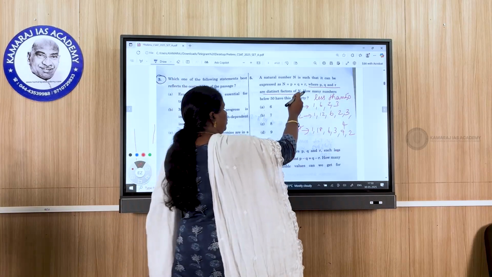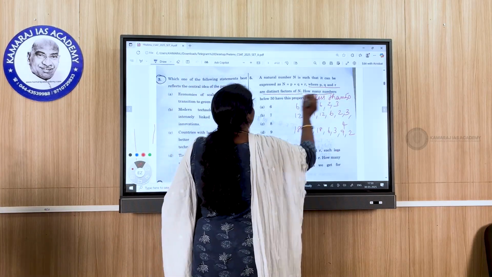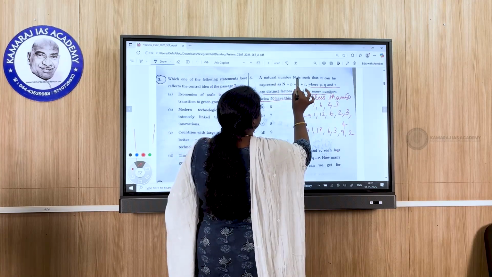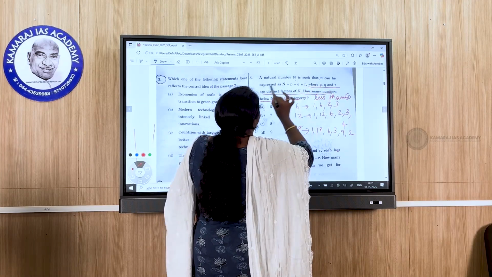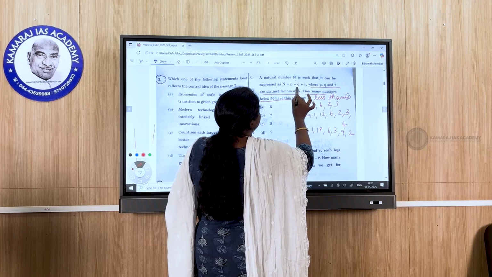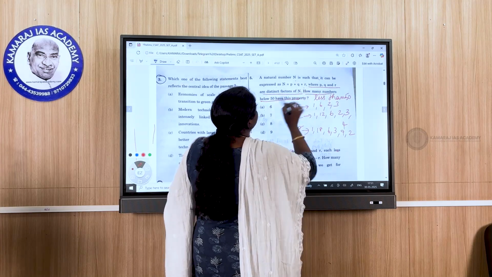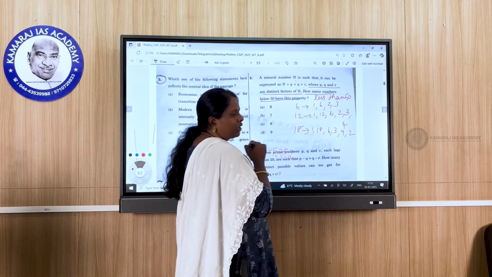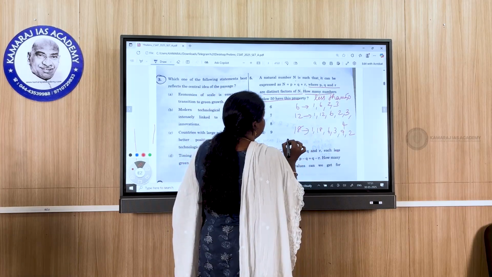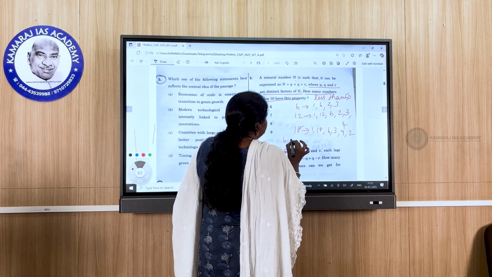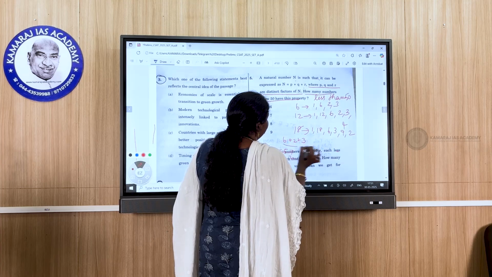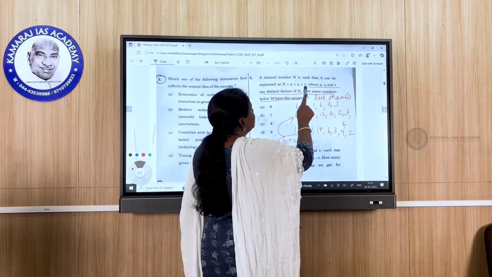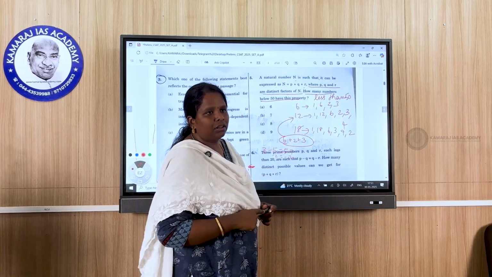So which numbers up to 50 have this property, that a natural number n can be expressed as P plus Q plus R, where P, Q, R are distinct factors of n? For example, 6 plus 2 plus 3 will give you 12. P plus Q plus R will give you the number, right?